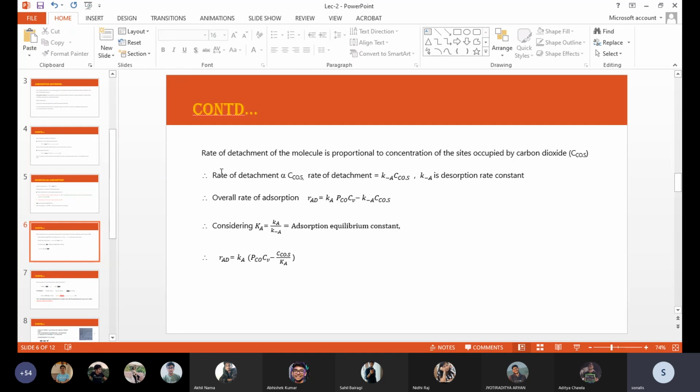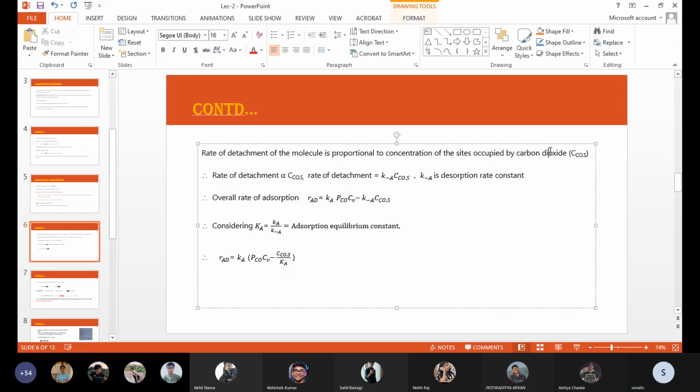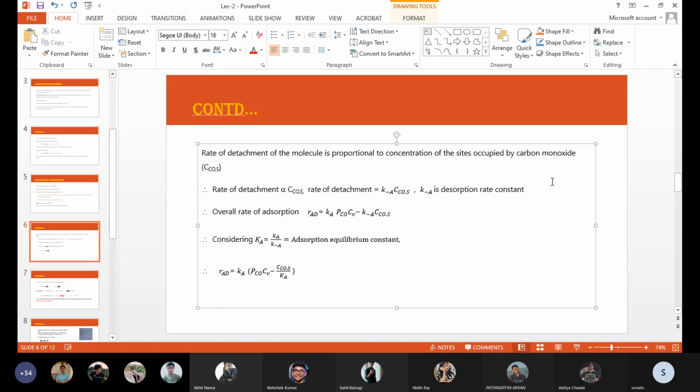So there is a rate of detachment also. The rate of detachment of the molecule is proportional to the concentration of the sites occupied by carbon monoxide, the occupied site concentration.